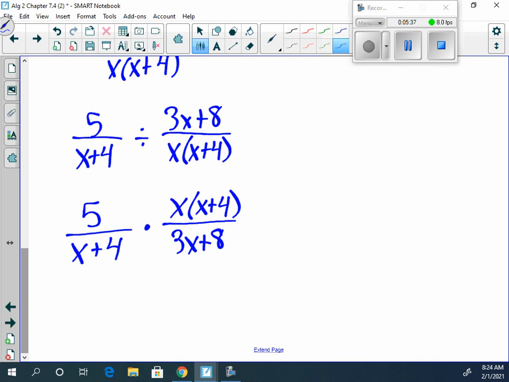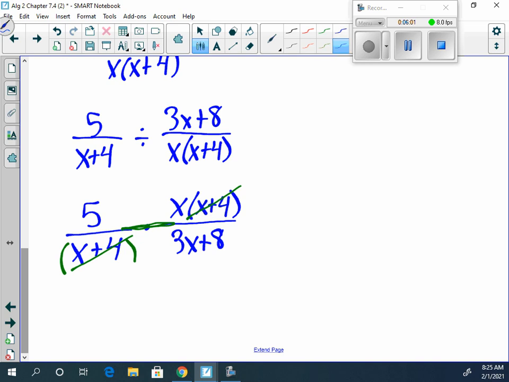For multiplication, it's easier just to draw a bar instead of rewriting it out. We're really saying that these two are being multiplied together. Tops are being multiplied, bottoms are being multiplied. And as you just said, we can simplify the x plus 4 on top and bottom.